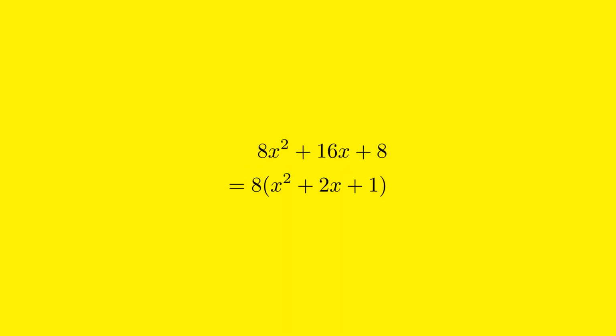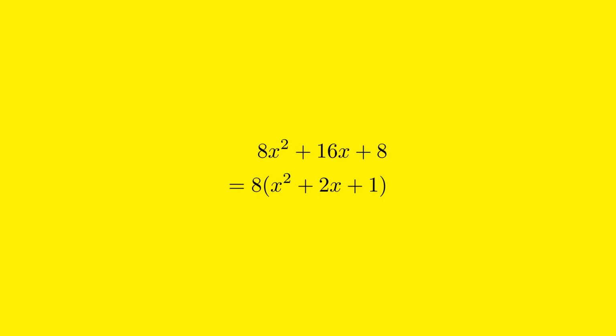To solve the quadratic expression 8x squared plus 16x plus 8, the first step is to factor out the greatest common factor from each term in the expression. In this case, the greatest common factor is 8, which can be divided evenly into 8x squared, 16x, and 8.